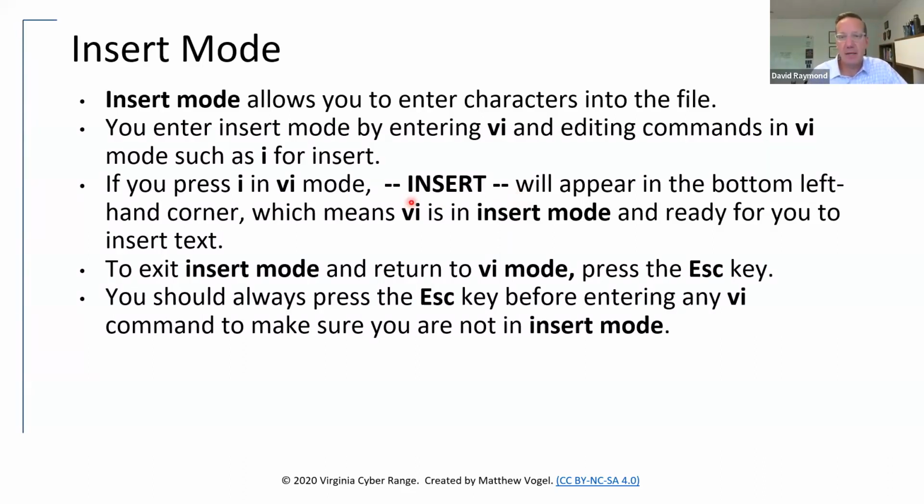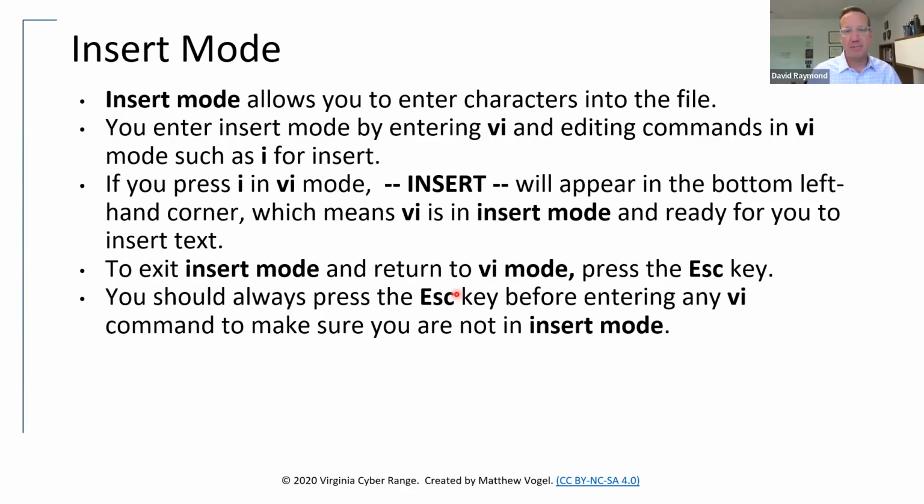Once I'm in insert mode, I can type stuff. And then how do I get out of insert mode back to VI mode? Remember, the way to get out of any mode and go back to VI mode is you type the escape key, which is in the upper left-hand corner of your standard keyboard.